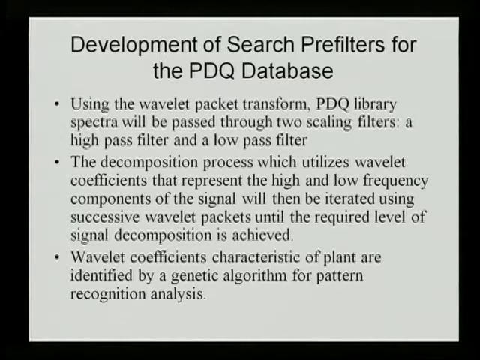We're not going to have a lot of samples. It's a horribly underdetermined data set. But using this genetic algorithm for pattern recognition that my students have developed over the years, it will be possible for us to identify the wavelet coefficients that contain information about the plant and use them to formulate a classifier for identification of a plant from a clear coat paint smear.